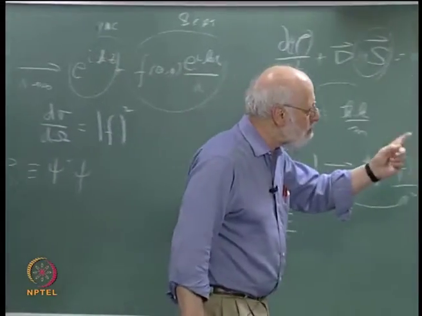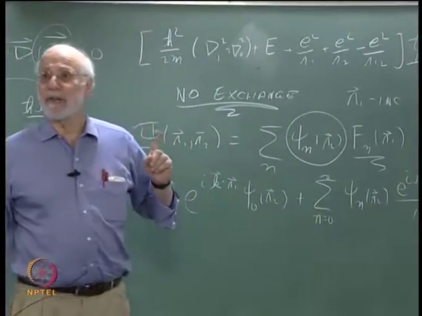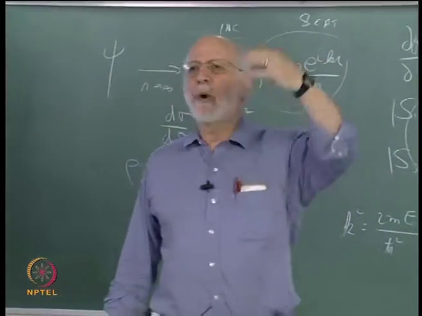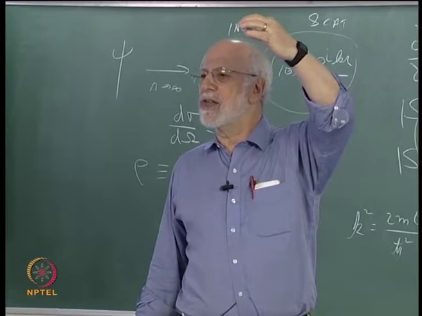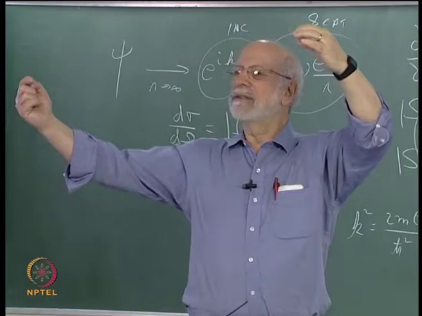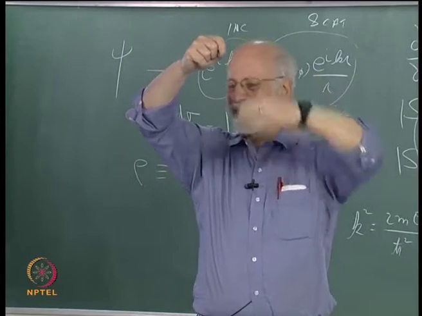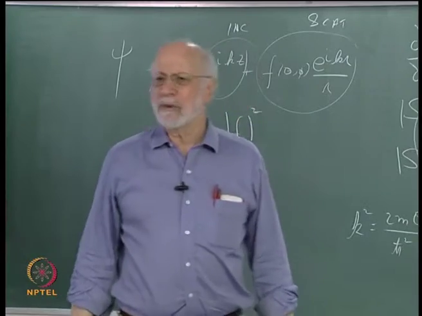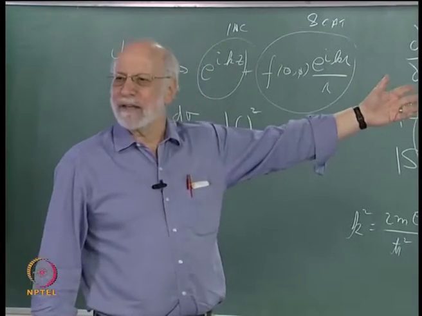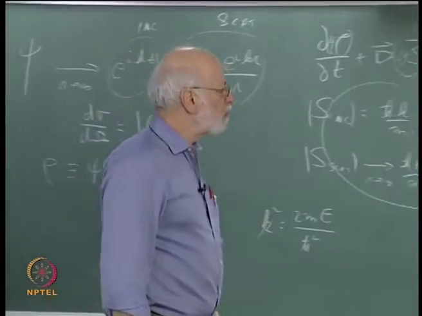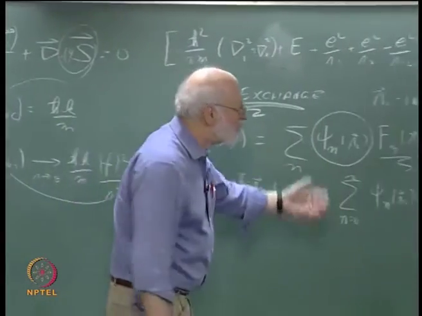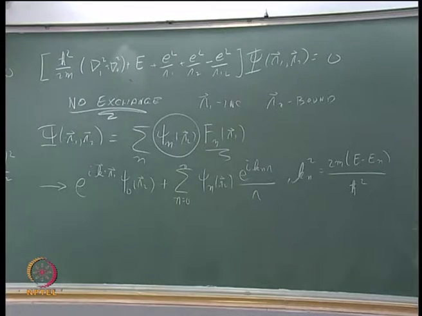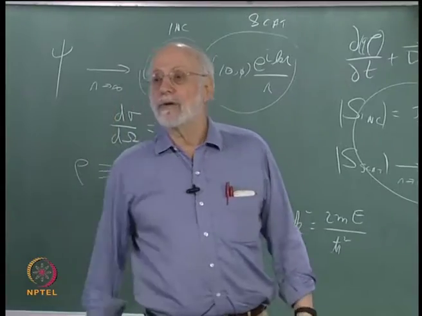But now, let me mention something else. Supposing the hydrogen atom was not in the ground state, supposing it's in some excited state, and the electron comes in, could it knock it down and the electron come out with more energy? Absolutely. That's called a superelastic collision and just falls automatically out of this formalism. However, in this case, it's just a little bit easier to think of it in the hydrogen ground state, but it could be in any state, and you could add or subtract energy.